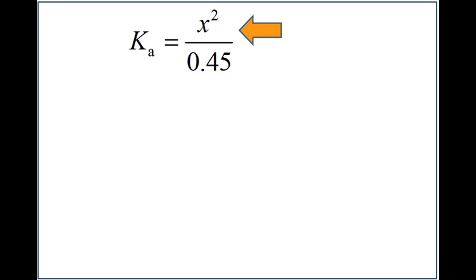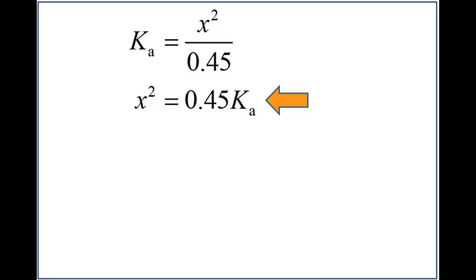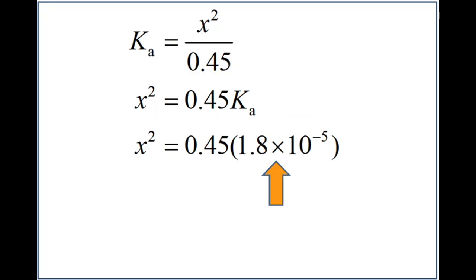To find the value of X, we start by rearranging the equation to solve for X squared. So X squared equals 0.45 times Ka. We look up the Ka for ethanoic or acetic acid on the acid table, and it's 1.8 times 10 to the negative fifth. We substitute that in for Ka. Now we take the square root of both sides.